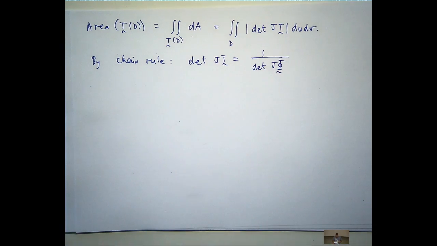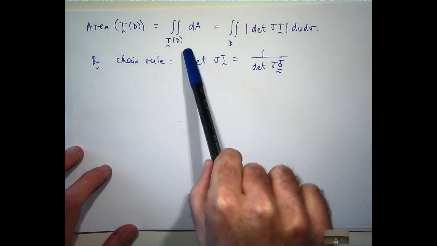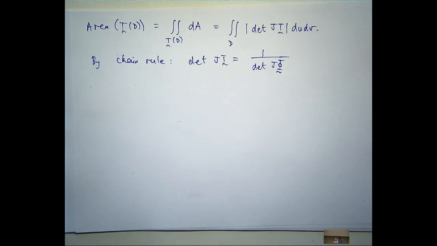Now, was that discussed in lectures? Okay. You can prove it just using the chain rule. Remember here, phi and t are just the inverse of each other. So if you pull this up to the other side and remove the determinants, you can use the chain rule for Jacobians to multiply them together, and you've got to get the identity, and the determinant of the Jacobian of the identity is 1.